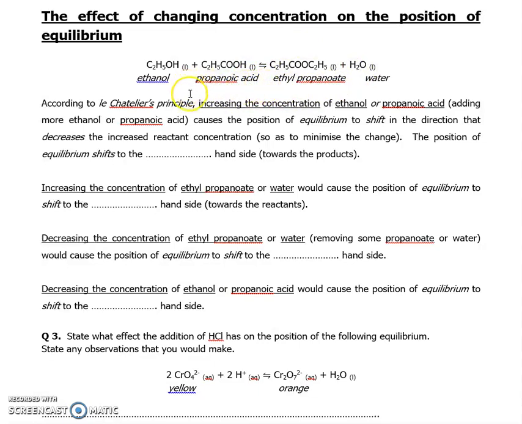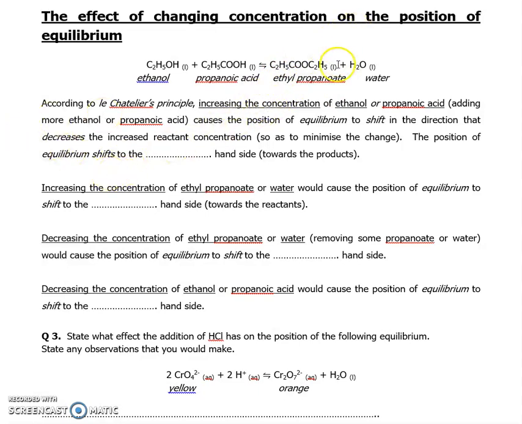So, according to Le Chatelier's principle, if we increase the concentration of, say, the ethanol or the propanoic acid, either of these reactants, then the position of the equilibrium will shift in the direction that decreases this increased reactant concentration. So in this case, if we've got a high concentration of ethanol, then the equilibrium will shift to the right hand side towards the products to offset the increasing ethanol concentration.